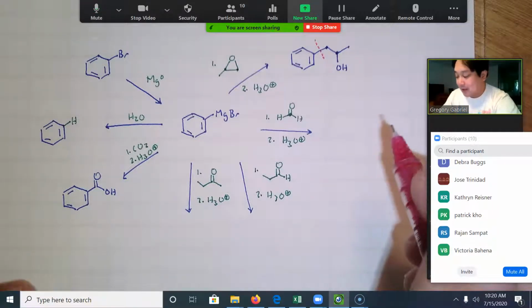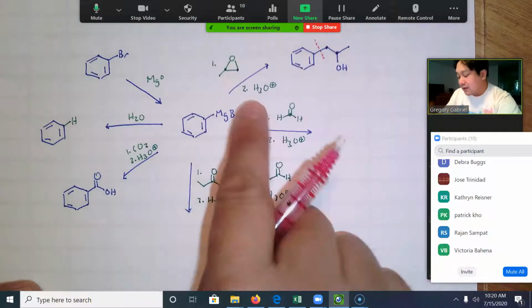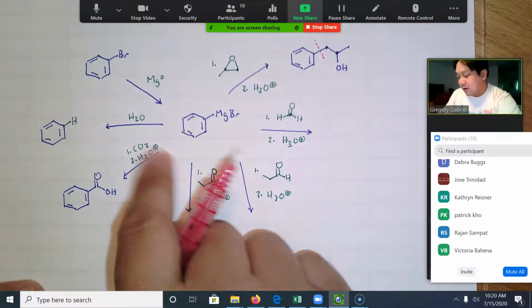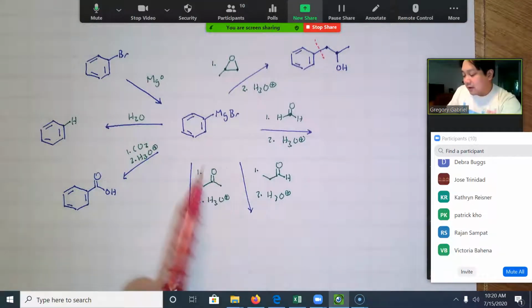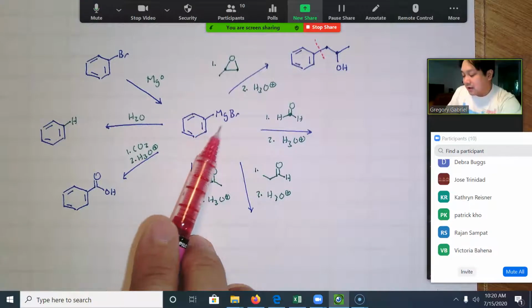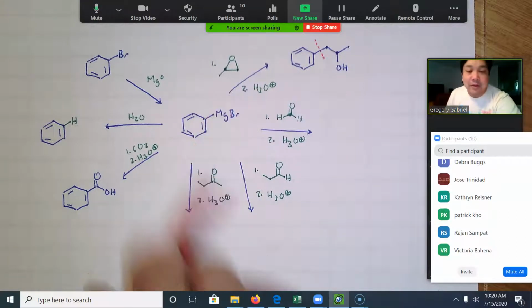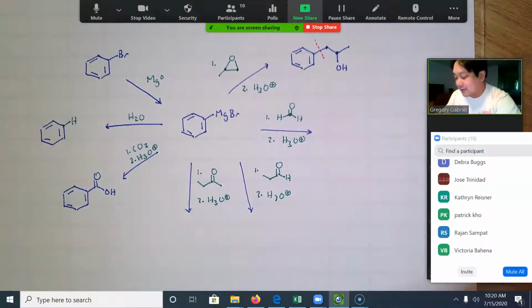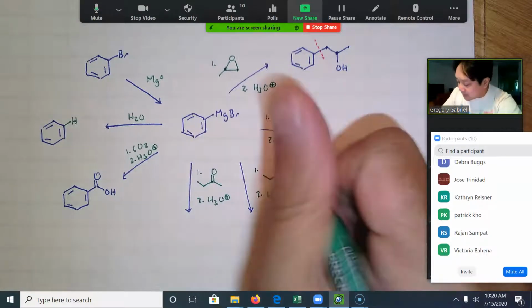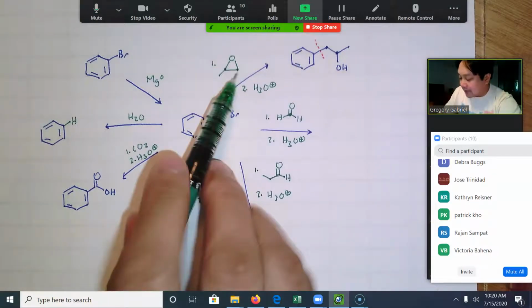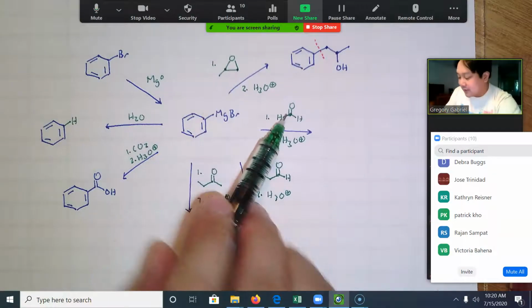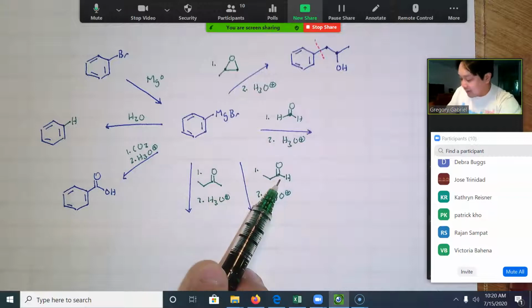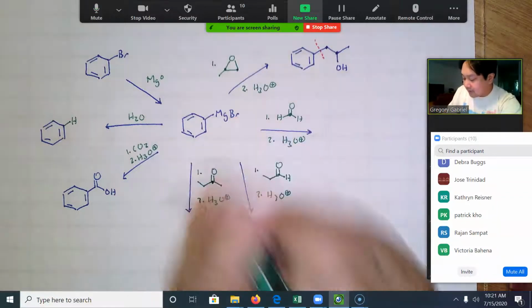Mechanisms, okay, in pink. Since all of these rely on the bond to attack an electrophilic carbon, you are responsible for all of these mechanisms because they're all analogous. Look at all of these dots. Grignard attacks that dot. Grignard attacks that dot. Grignard attacks that dot. Grignard attacks this dot.